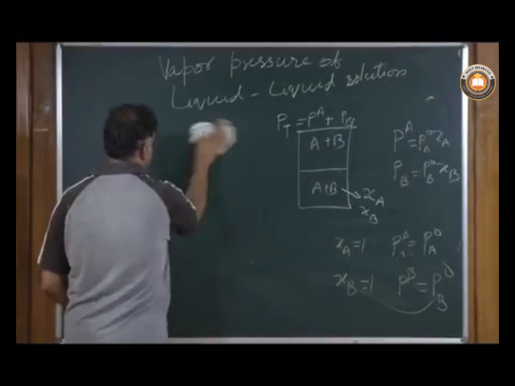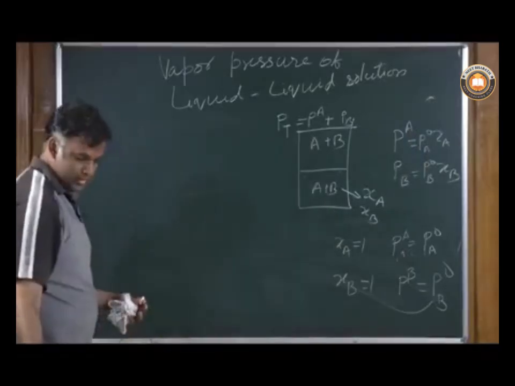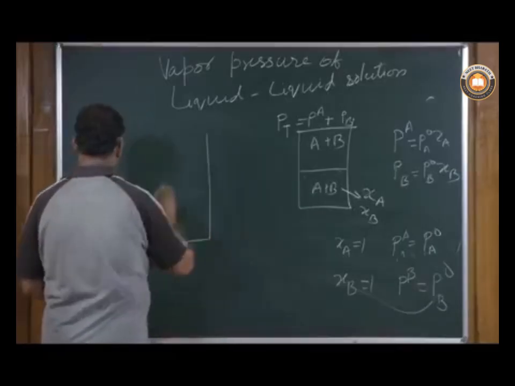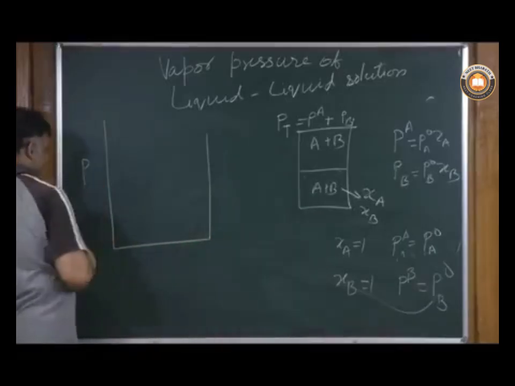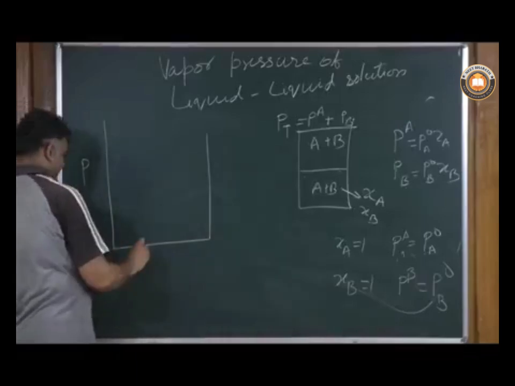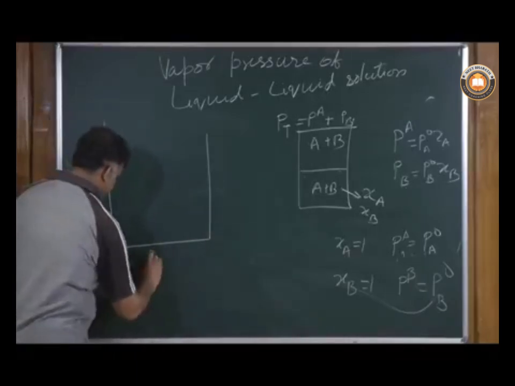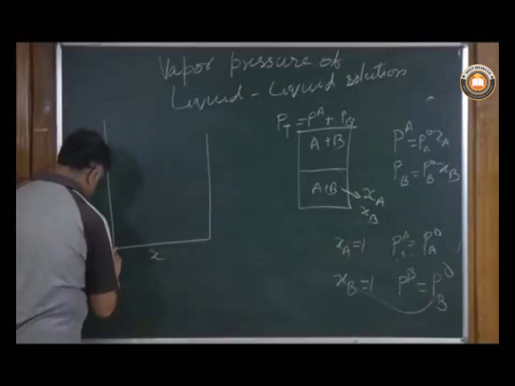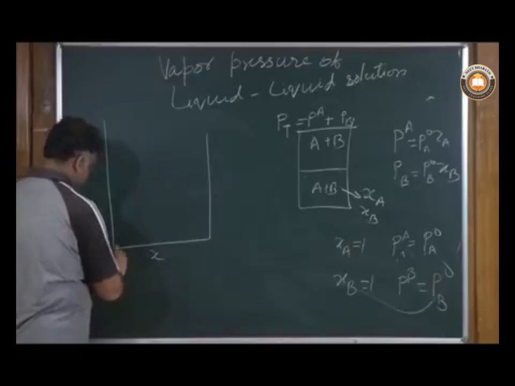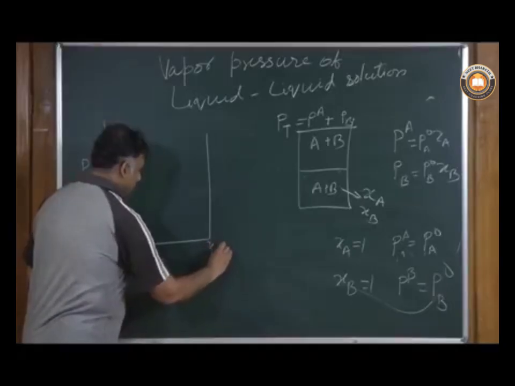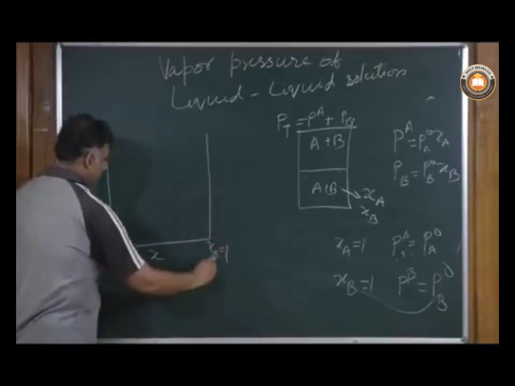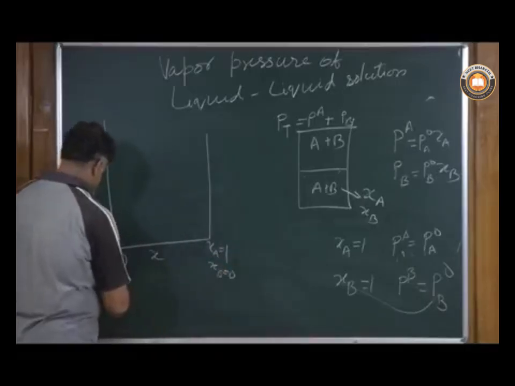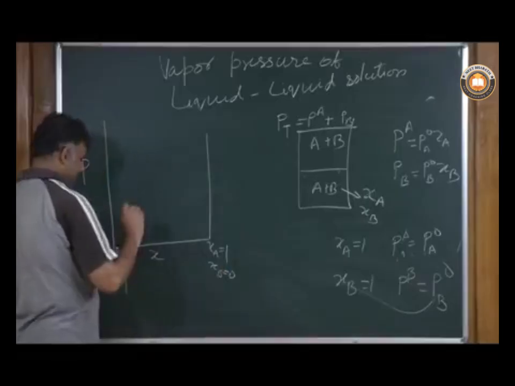So, let us look at this in this diagram. What I am plotting is the partial pressure of A and B against the mole fraction. So, over here we have a mole fraction X A equal to 0 and X A equal to 1, and same way over here we have X B equal to 0 and X B equal to 1.